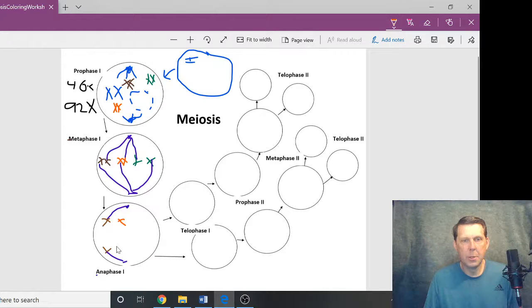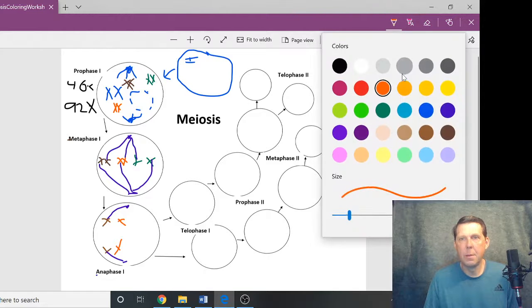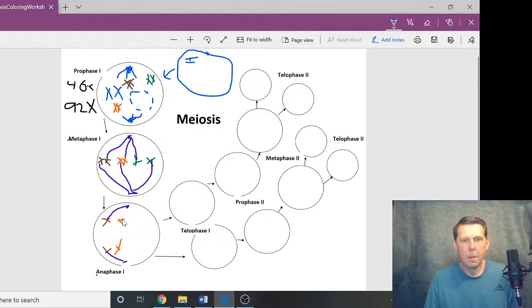And this one's going this way. And we'll get our spindle fiber. That one's going that way. This one's going this way. Last one, mercifully, here. Green. This one's here. This one's here.